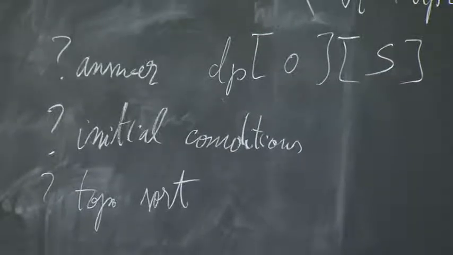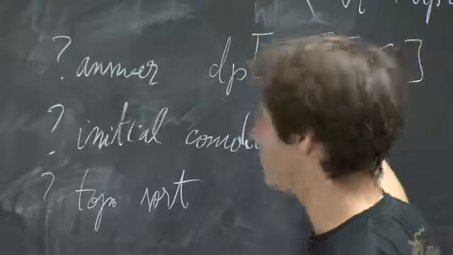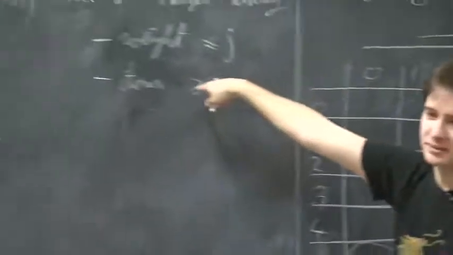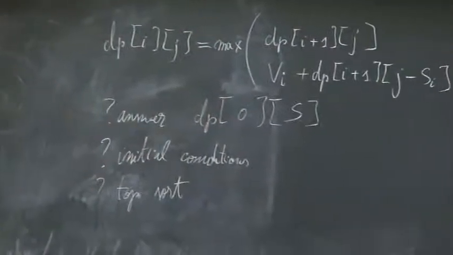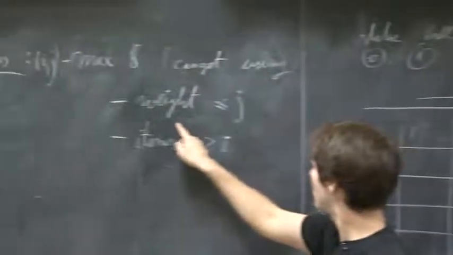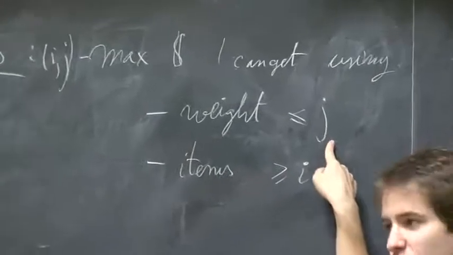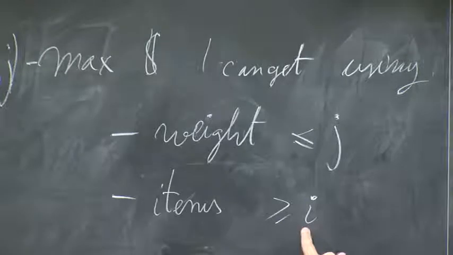Can you explain again why we did dp of 0, S? So I think it's easier to look at 0, S and see how it maps to the subproblem, and then convince yourself that this is the answer. dp of 0, S means i is 0, j is S. So this is going to tell me the maximum amount of dollars I can get by using a weight of at most S, which agrees with the initial problem, and using items i or greater than i.